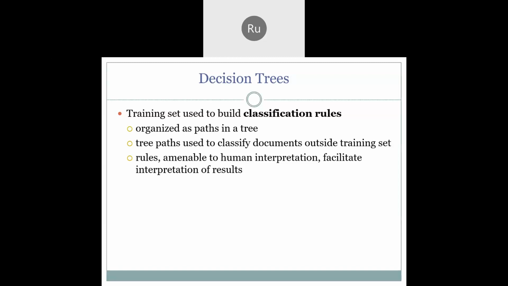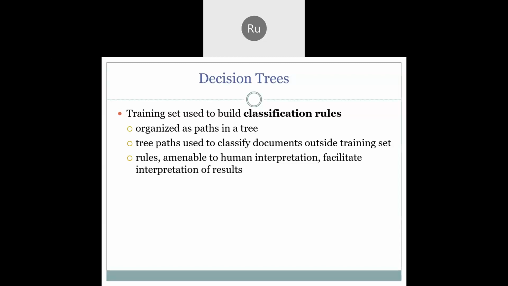Okay, so we have a tree path that is used to classify documents outside the training set. So the path of the tree will be used as the rule to classify the document.